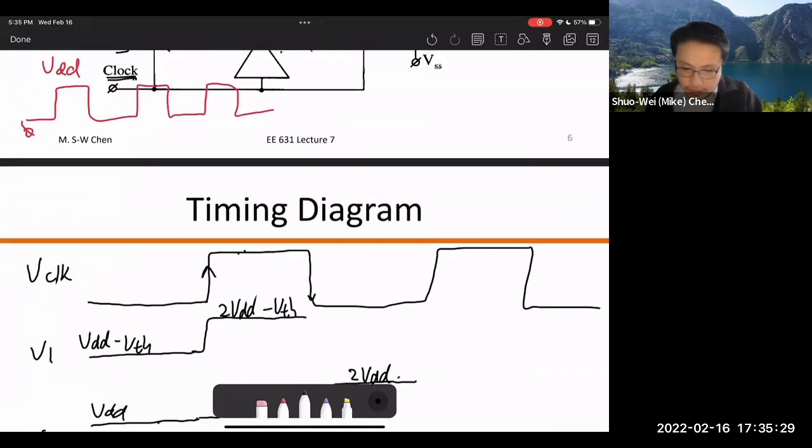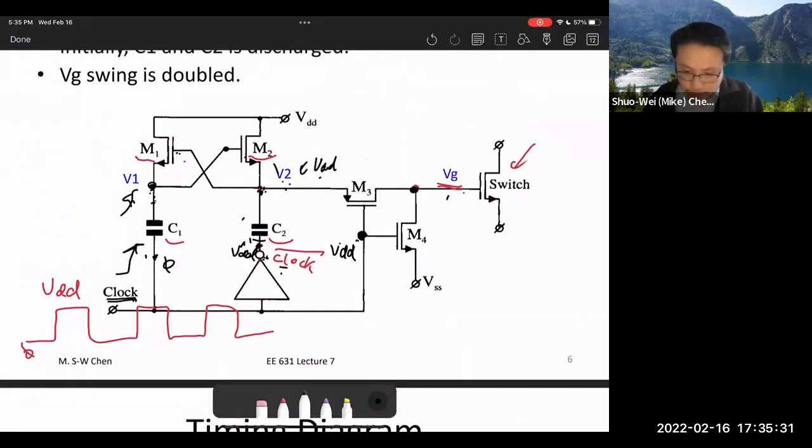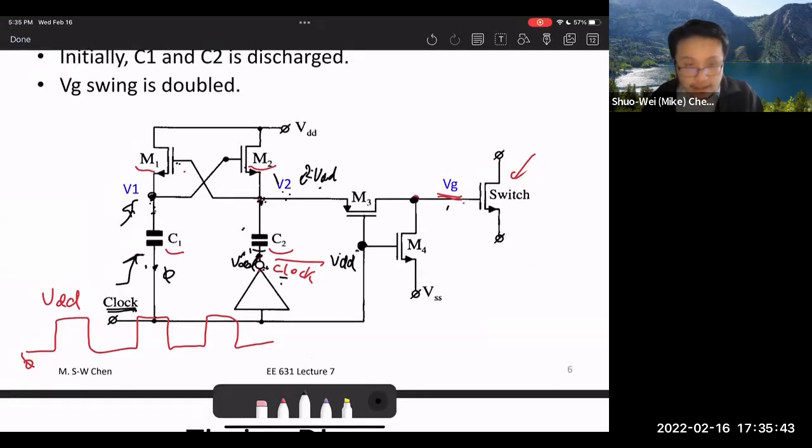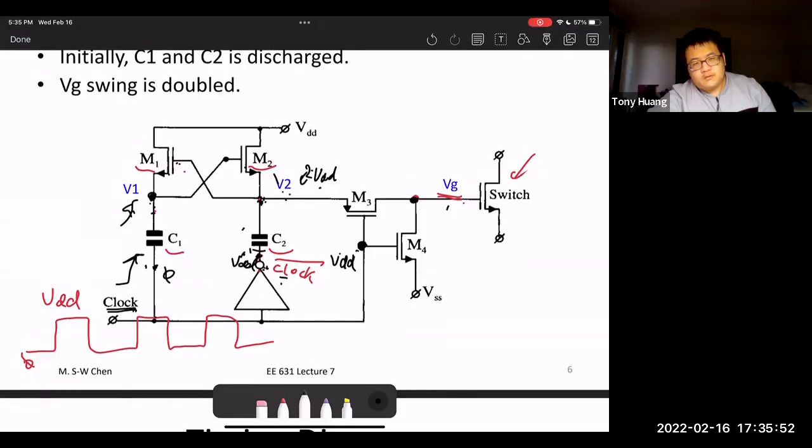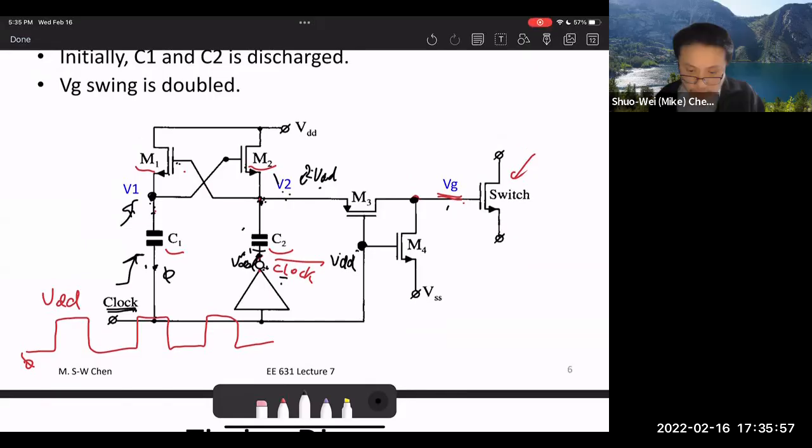Okay. Now let's take a look. If V2 right now is 2 VDD, what happened to V1? So right now V2 is 2 times VDD. That means that the M1 transistor's gate is 2 times VDD. And then what happened to the source side, which is V1? It would remain at VDD minus VTH, or this will become 2 VDD, right?